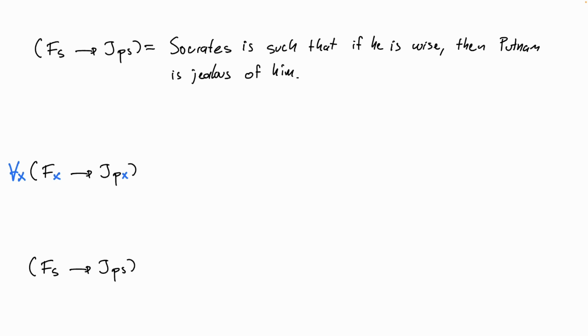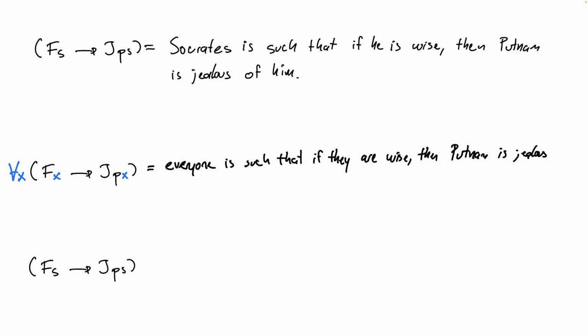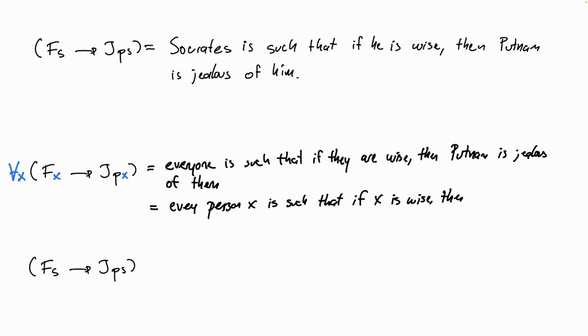So it says that every single person, so not just Socrates, but also Quine, Russell, and so on and so forth for every single individual, is such that if they are wise, then Putnam is jealous of them. Or more formally, every person X is such that if X is wise, then Putnam is jealous of X.